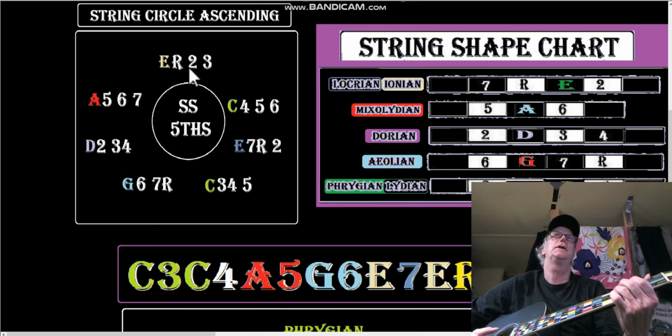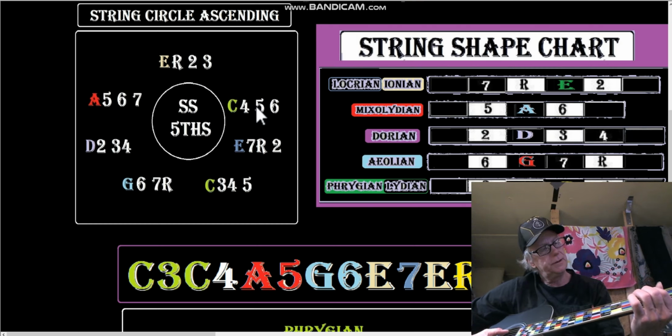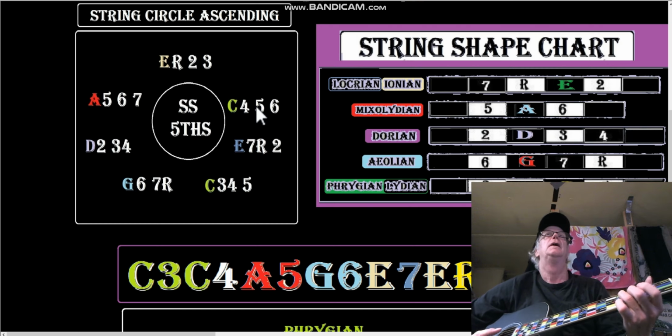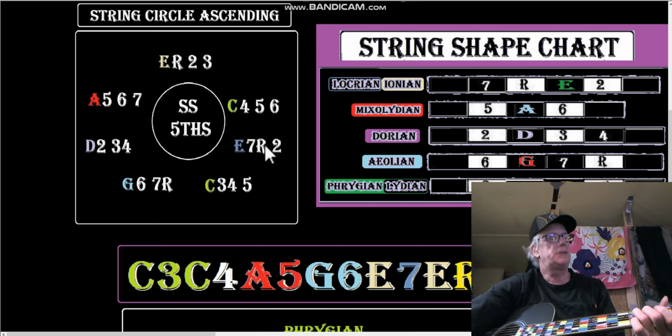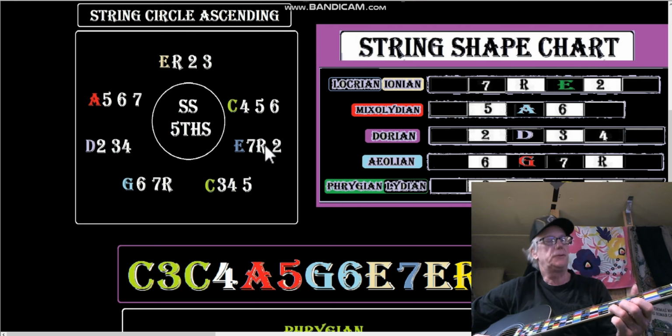The next one's going to be 4/5/6. And then the next one's going to be 7 root 2. Just like that. Then 3, 4, 5. Then 6, 7 root. And then 2, 3, 4.